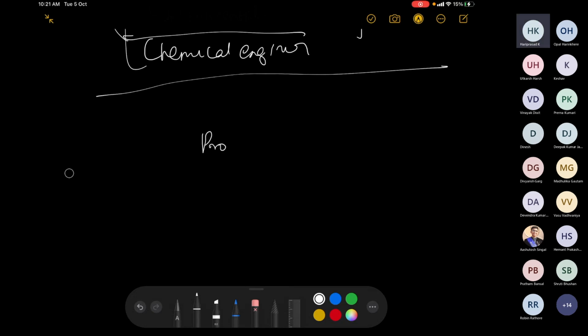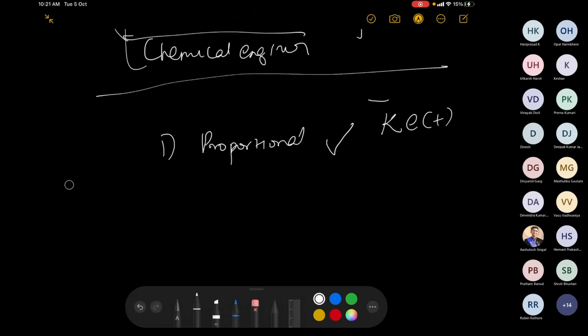So, proportional: we have seen to some extent that it is basically P = K times E plus P bar. P bar is the bias signal, which is good enough to activate the overall circuit, and K times E.